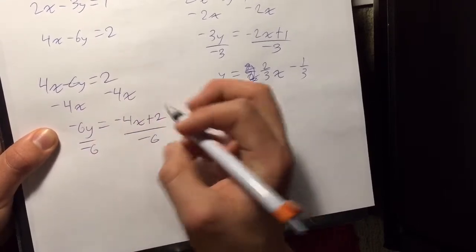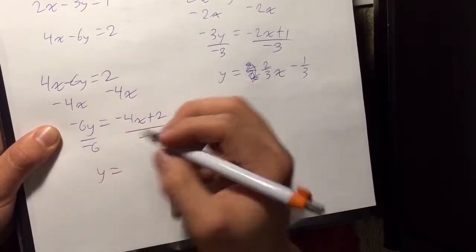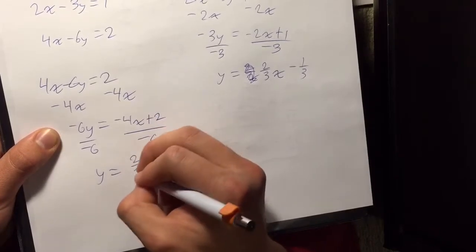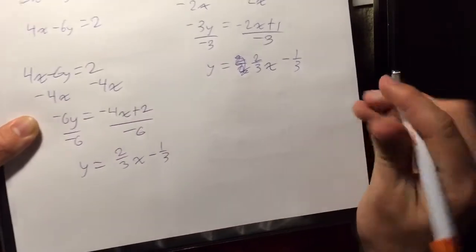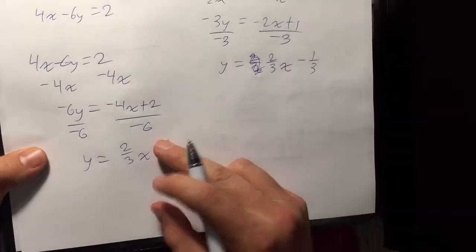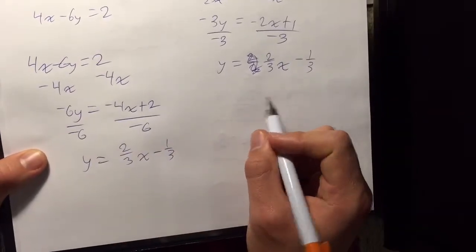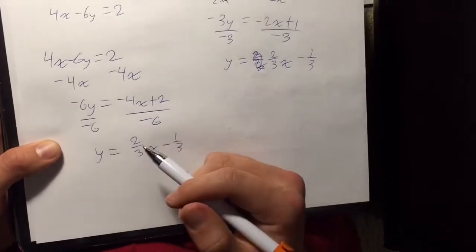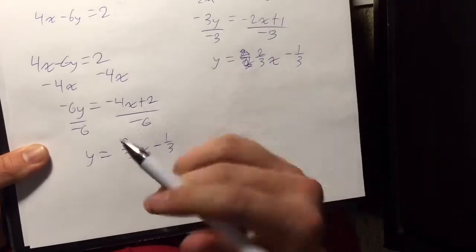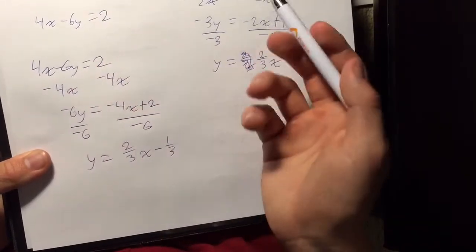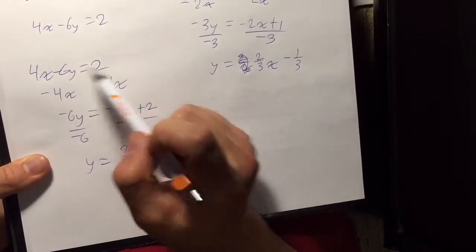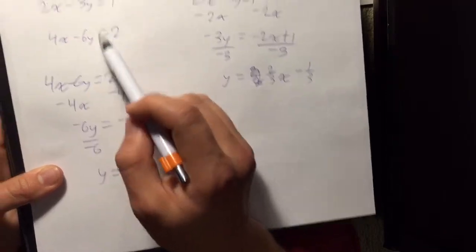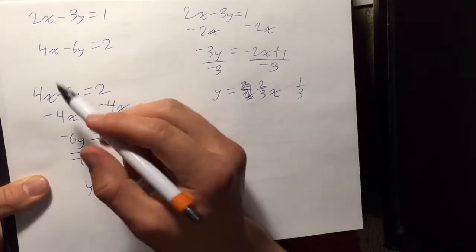You get y equals 2/3 x minus 1/3. So you end up getting the same slope and the same y-intercept, which means it's the same line. You will get an infinite amount of solutions no matter what you plug in. On that line, you will satisfy both of these equations the same.